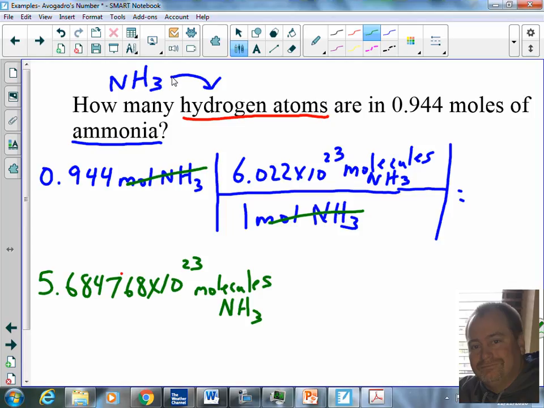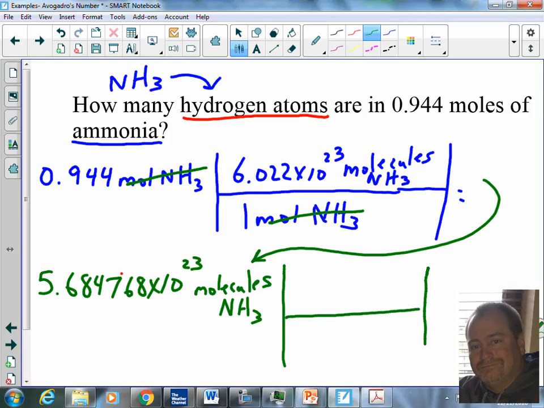That's the answer I got right here. So I'm going to bring that over to here. And I'm going to convert this into hydrogen atoms. So once again, I'm going to convert using a conversion box. So I put my conversion box in there.